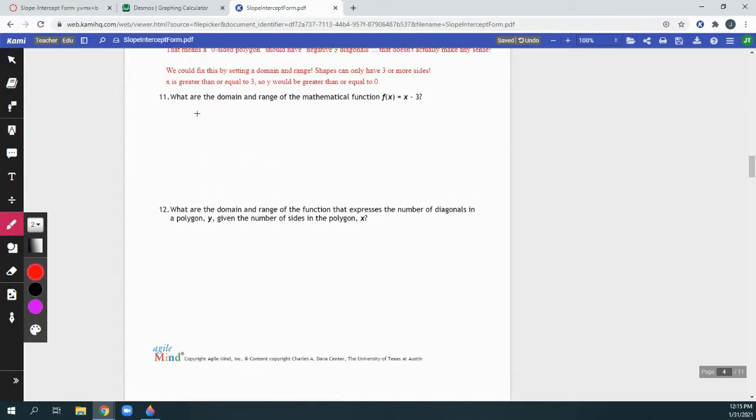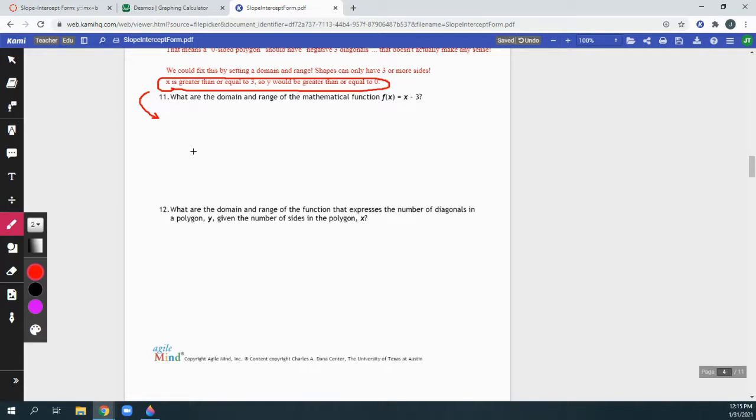I'm talking too much. What are the domain and range of this? Oh, what did we just say? Right there. But I would go even further, because we just said you can't have a 3.5-sided shape or 2.5 diagonals.